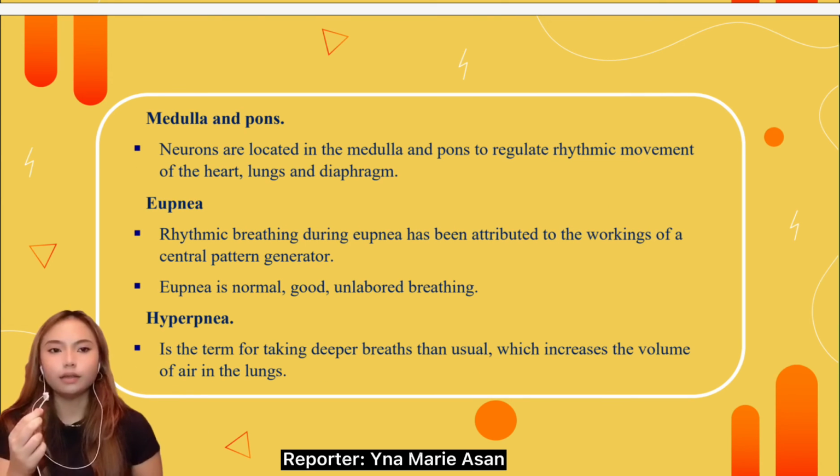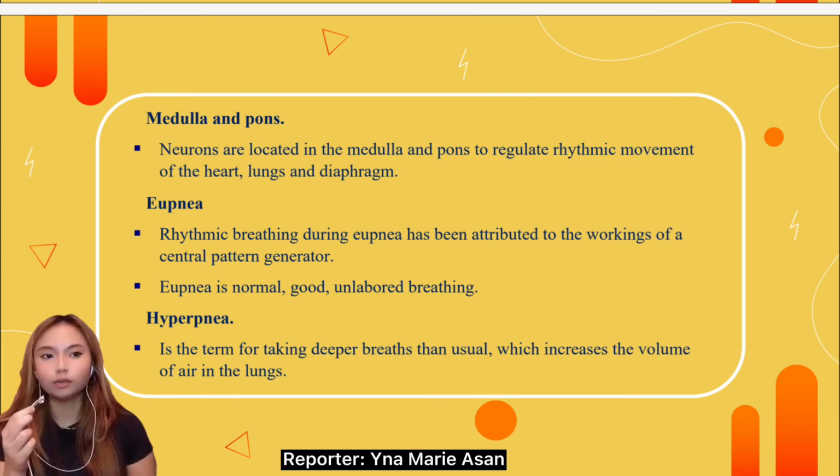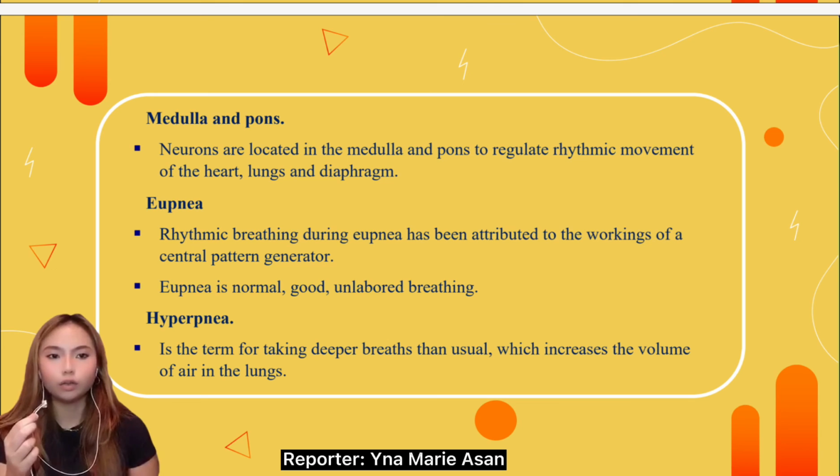Next is the medulla and pons. The medulla oblongata is the primary respiratory control center. Its main function is to send signals to the muscles that control respiration to cause breathing to occur.